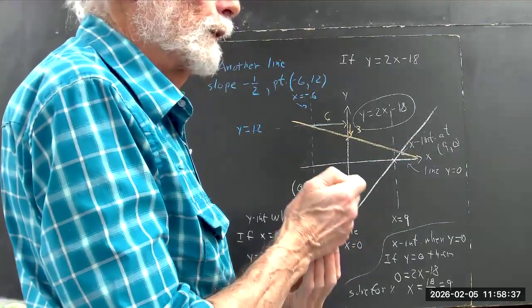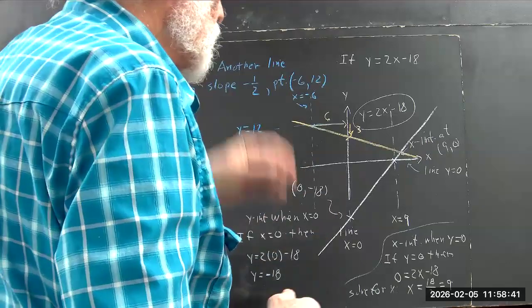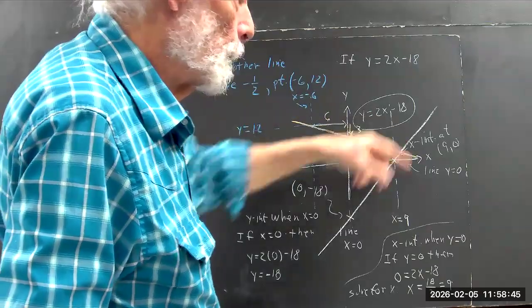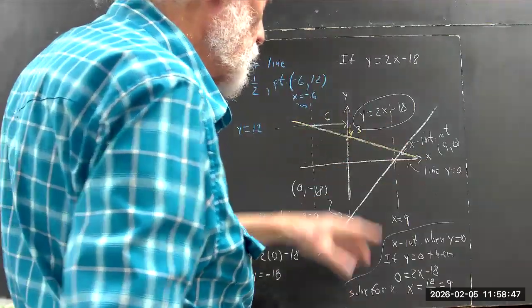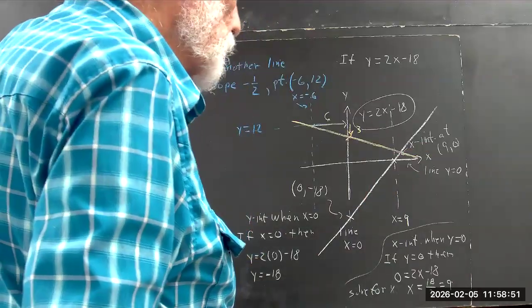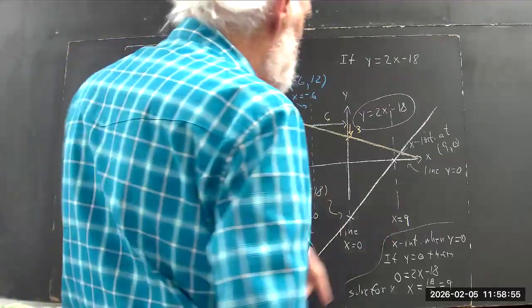Now, my scale isn't very good. My 3 is a little too big. And the point should really be somewhat higher and further to the right where the two lines cross. But according to my picture here, a plausible estimate, here's x equals 9.